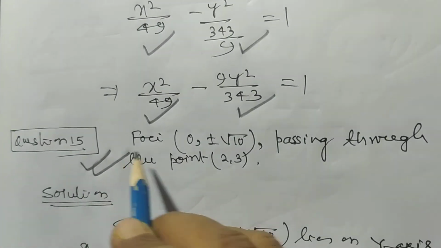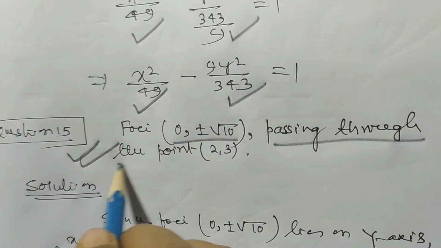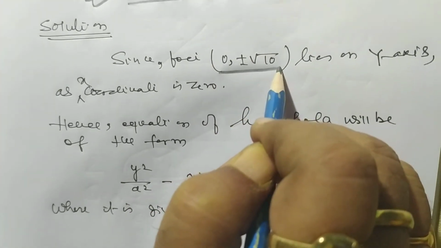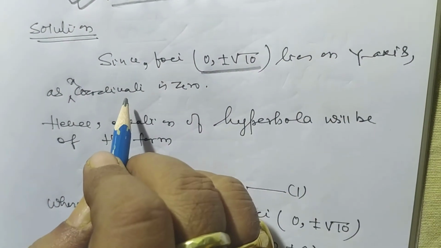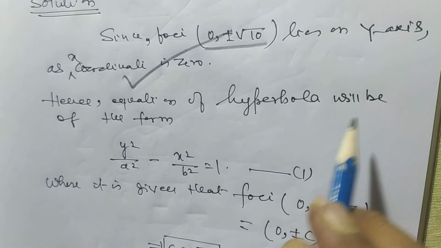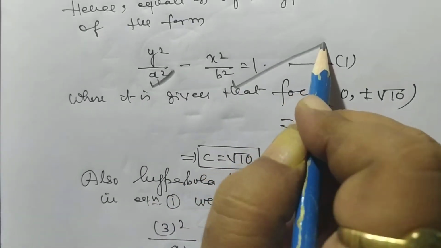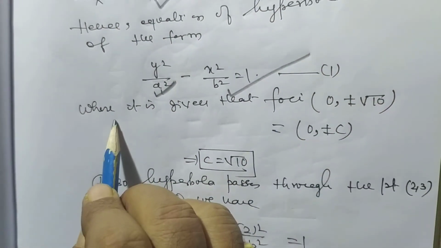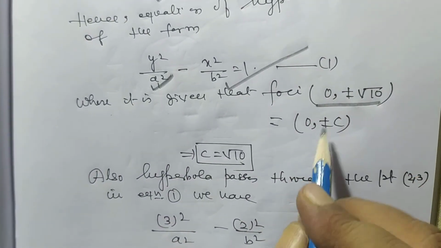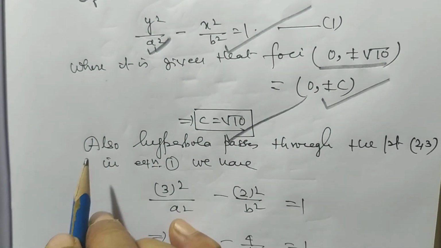Question number 15. Foci 0, plus minus root 10, passing through the point 2, 3. Since foci 0, plus minus root 10 lie on the y-axis as the x coordinate is 0, hence the equation of hyperbola is of the form y square by a square minus x square by b square is equal to 1, where it is given that foci 0, plus minus c, so c is equal to root 10.